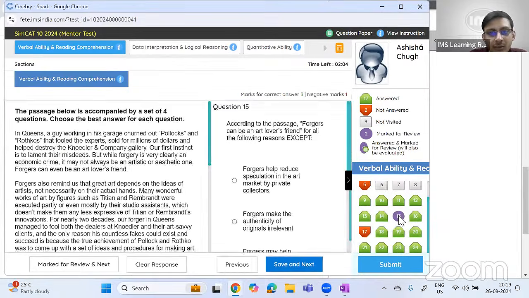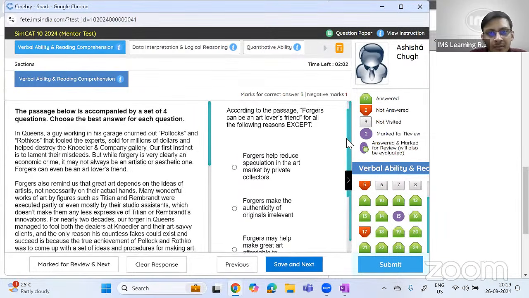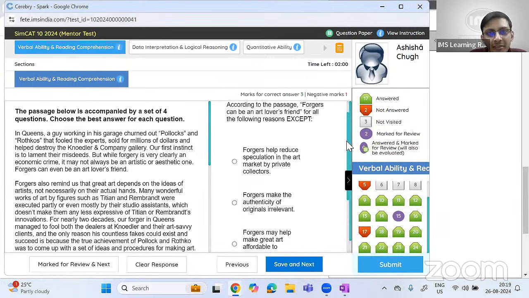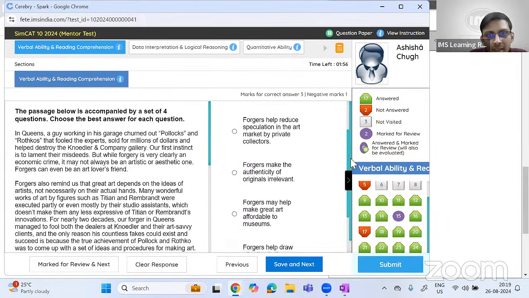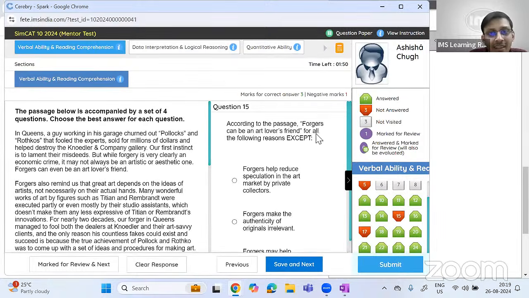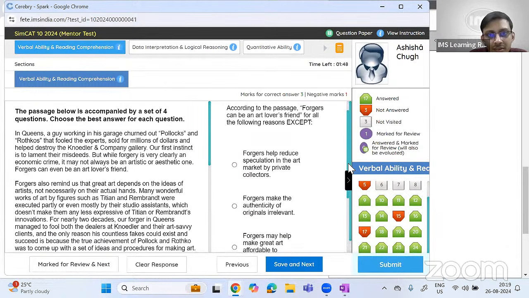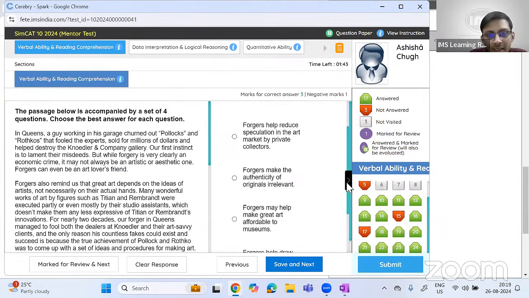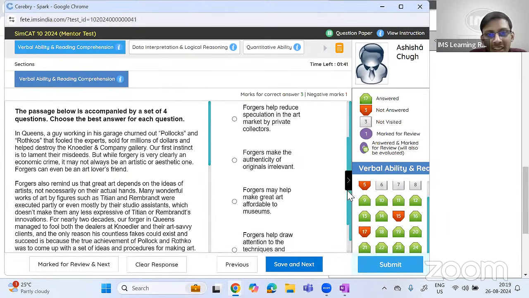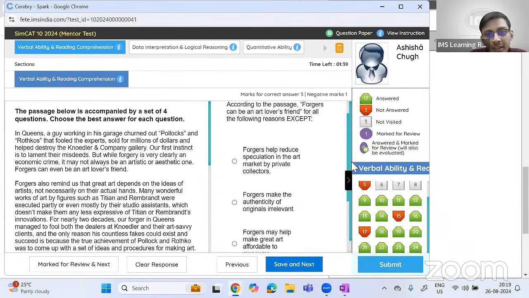And if I look at question 15, forgers can be an art lover's friend for all the following reasons except: help reduce speculation. Yes, that is definitely there. So I can eliminate the option. First option I can easily eliminate. Second option, make the authenticity of the originals irrelevant.